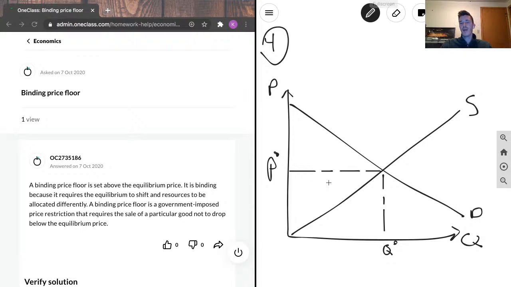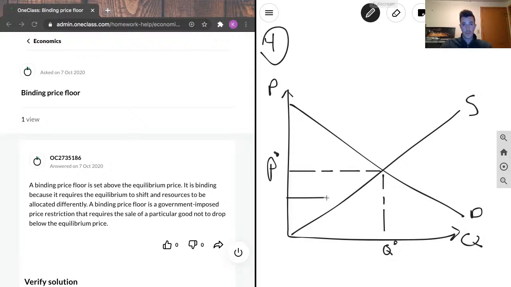It is when the government imposes a maximum price, so the price cannot be higher than the price ceiling. So if we were to set the price ceiling up here, we can see that the price is already below that, and as a result, the price ceiling is not going to have any effect.